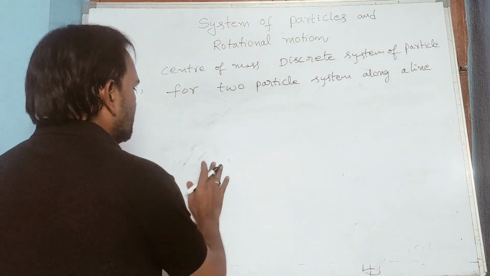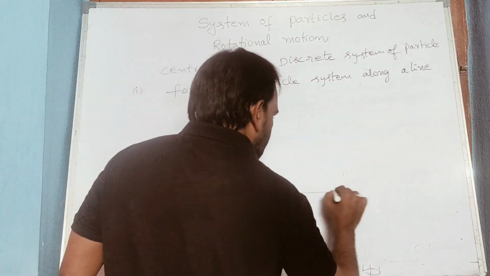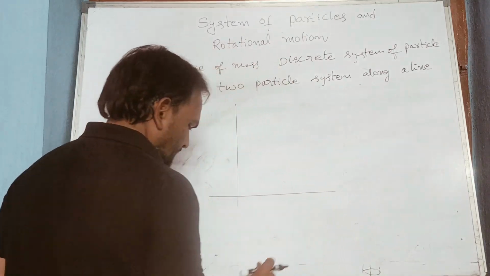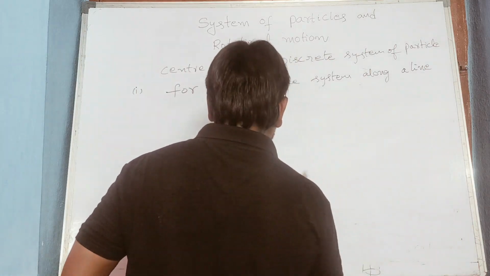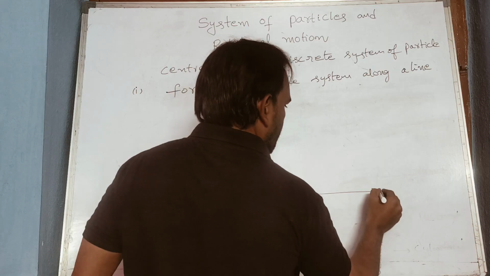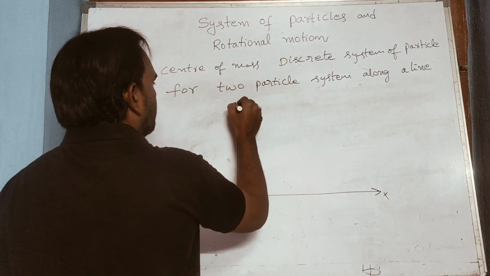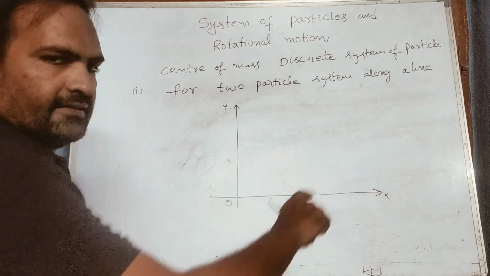Okay, for example, we take the coordinates. This is the x coordinate, and this is the y coordinate. So take two particles along a line.